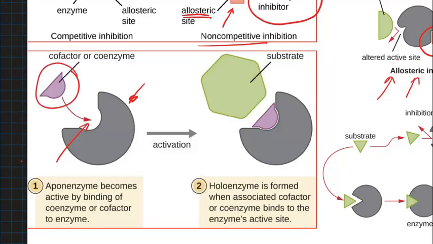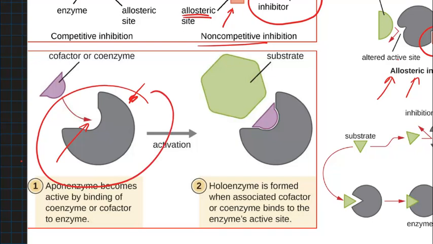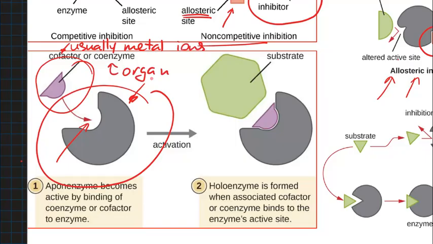When an apoenzyme binds a cofactor or coenzyme, cofactors are usually metal ions, coenzymes are organic molecules.